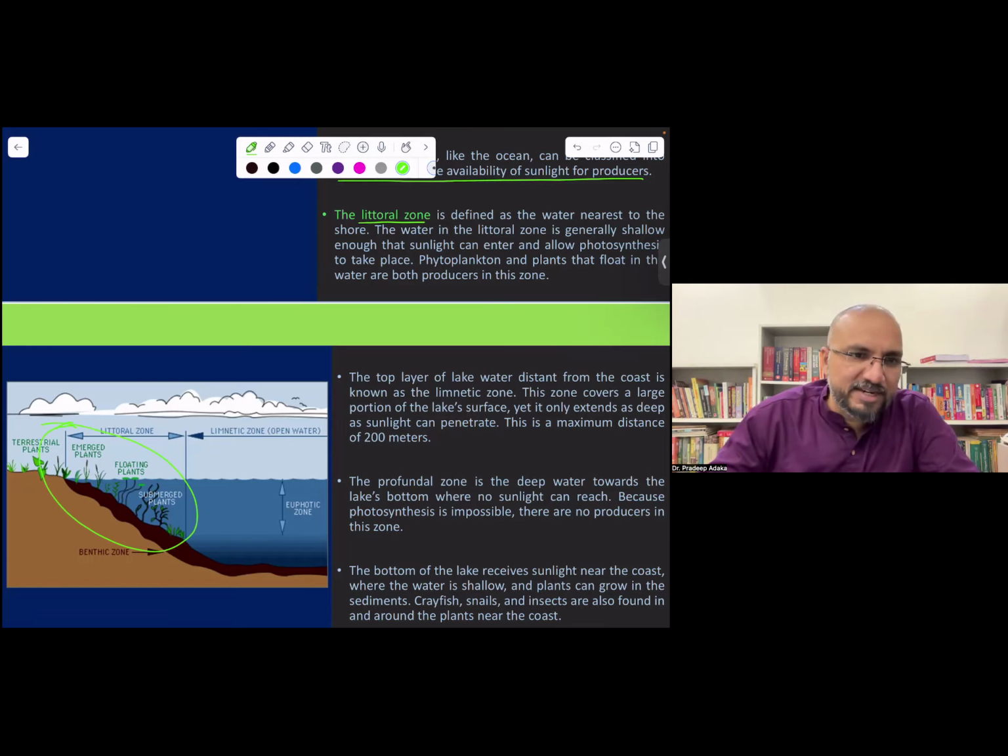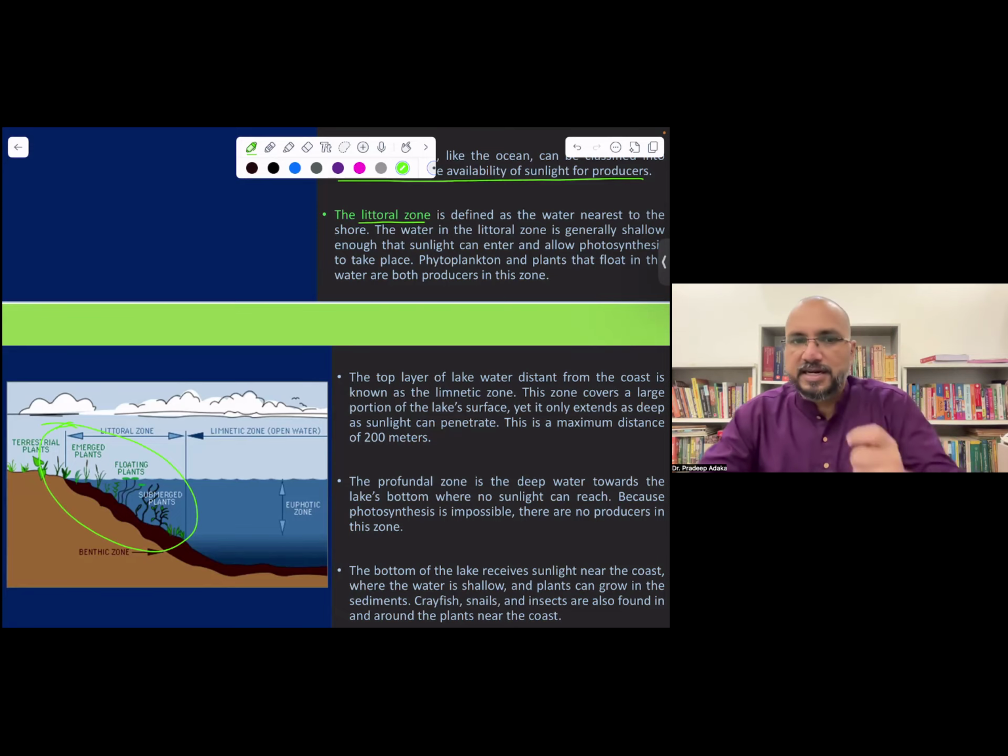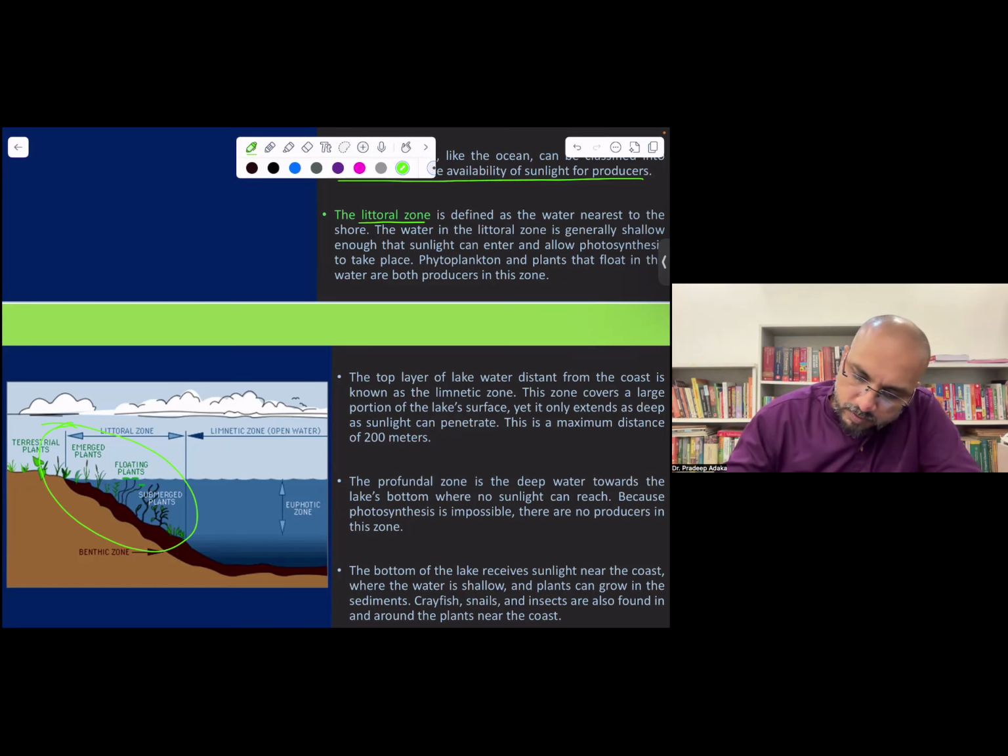So the water is very shallow. Near the shore, the depth is low, so sunlight can penetrate to the bottom. If there is light, then for plant growth, when the light penetrates, photosynthesis can be carried out and plants can grow in this zone. Water nearest to the shore is called the littoral zone.